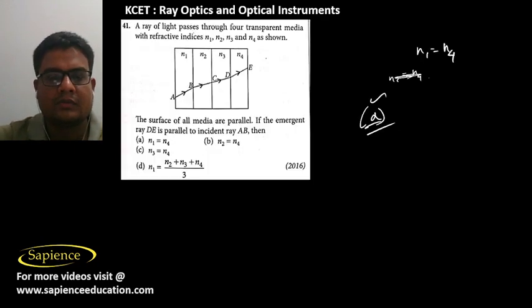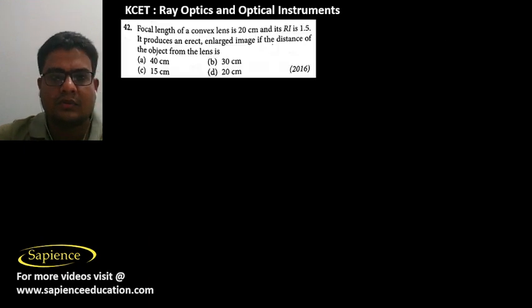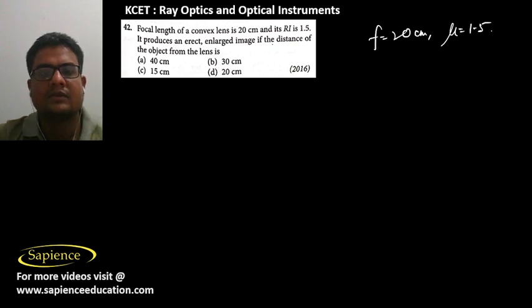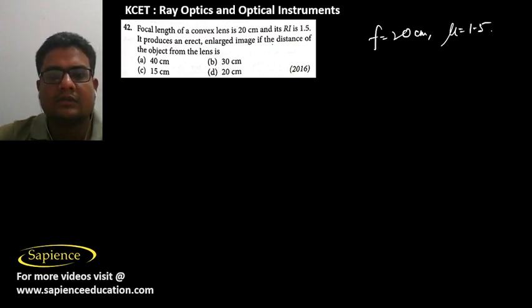In question number 42, it's told the focal length of a convex lens is 20 centimeter and its refractive index is 1.5. It produces an erect enlarged image if the distance of the object from the lens is.